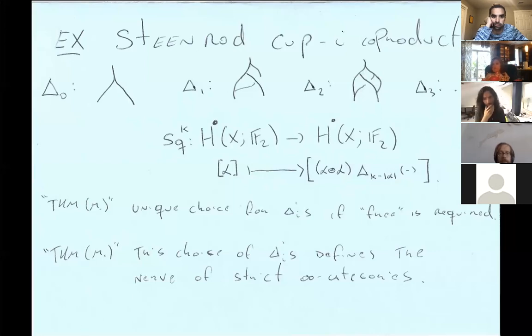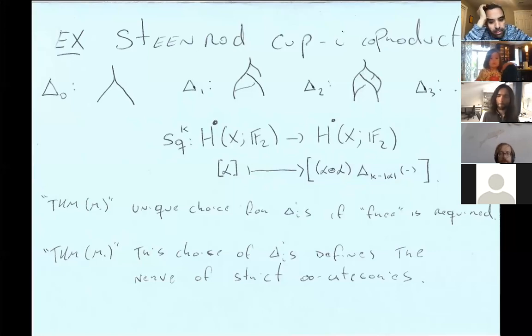So this is known as the Street nerve, and the combinatorics that is encoded in the Steenrod Kappa products agrees with the combinatorics that goes into the definition of the nerve, or more specifically of the free strict infinity category on the simplex. Anibal.